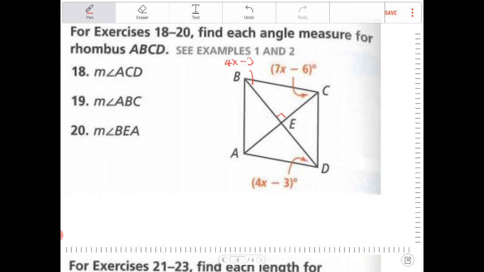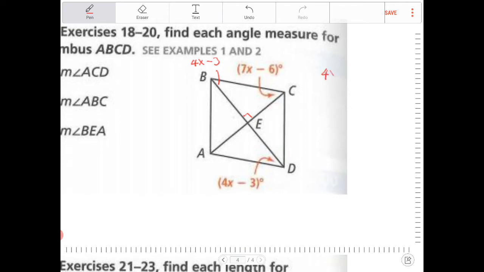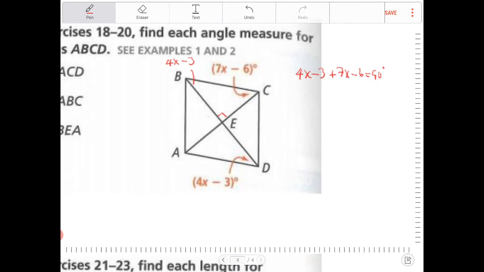So therefore I can say that 4x minus 3 plus 7x minus 6 is equal to 90 degrees. I know I'm going a little out of order here, but 7x plus 4x is 11x. Negative 3 and negative 6 makes negative 9. Add 9, 11x is equal to 99. x is equal to 9.